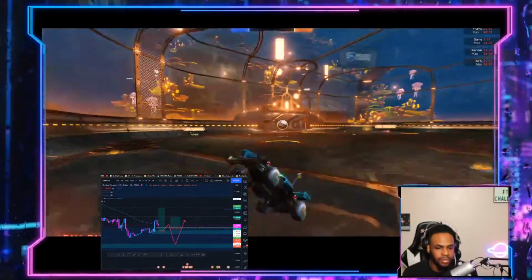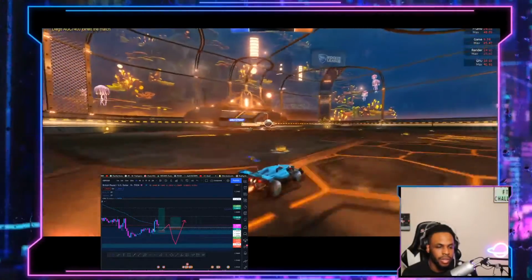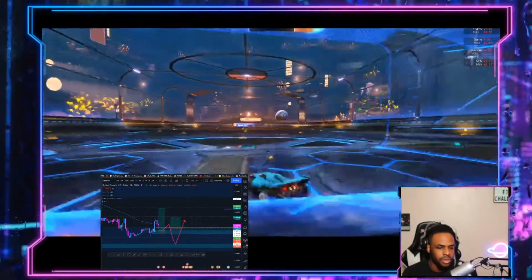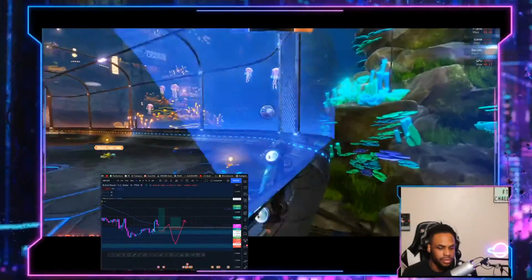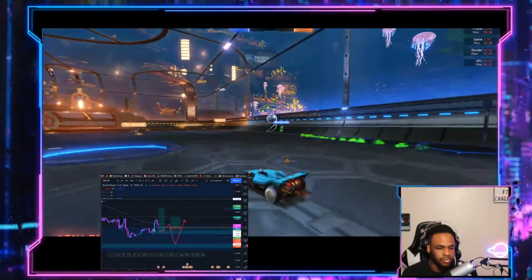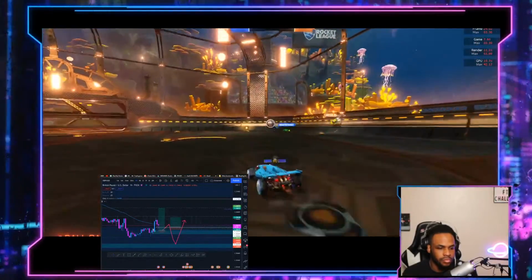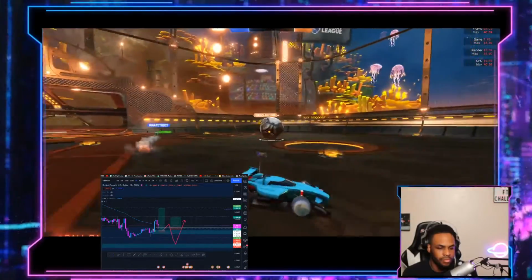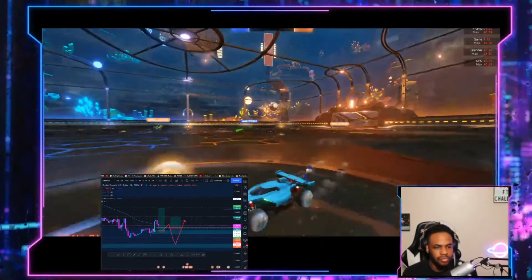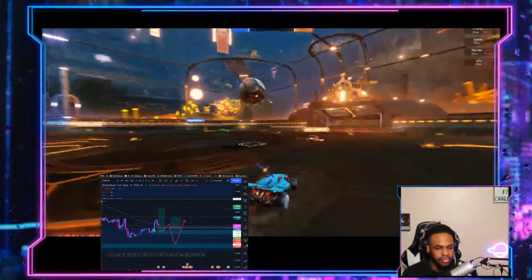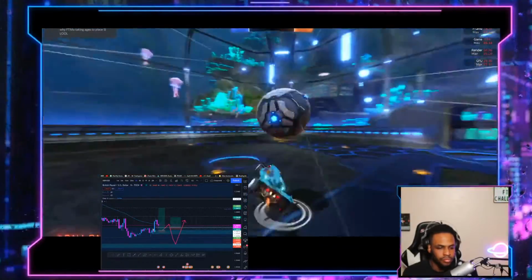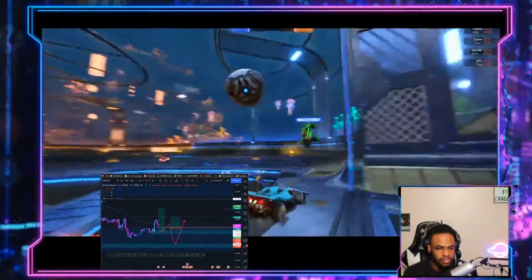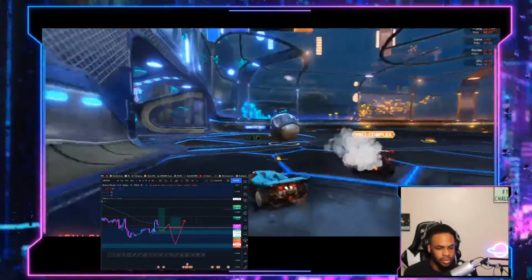Oh yeah, that's wide open. Wow. Shit. Come on, get those, get those. Pretty much passing the ball.